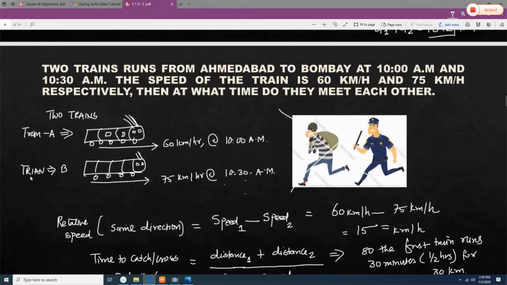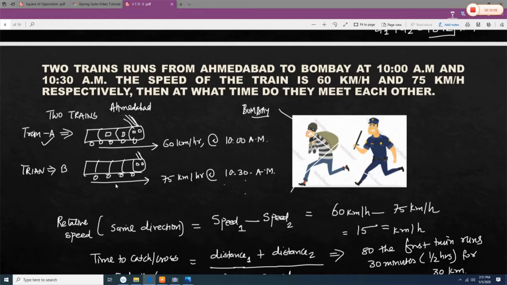Two trains ran from Ahmedabad to Bombay at 10 a.m. and 10:30 a.m. The speed of the trains is 60 kilometers and 75 kilometers respectively. Now both trains are going towards Bombay from Ahmedabad.